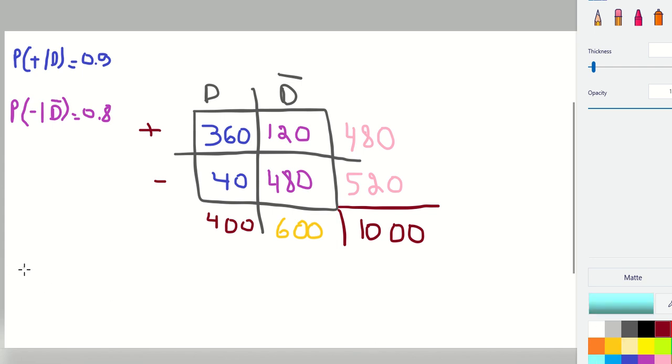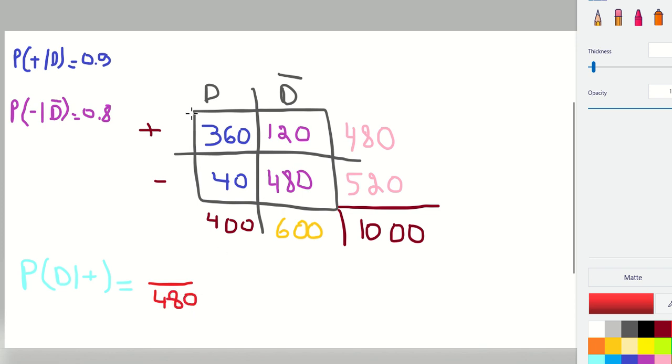Now that this is done, I can go ahead and calculate the things that they asked me for. They asked me for a probability, this is called the positive predicted value, which is the probability of actually having the disease if you tested positive. This is a conditional probability. So remember, anytime you're working with a condition, you stick to the condition. We're only going to look at those that tested positive, so my denominator is the 480.